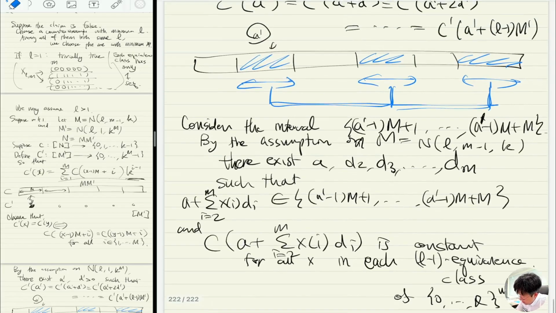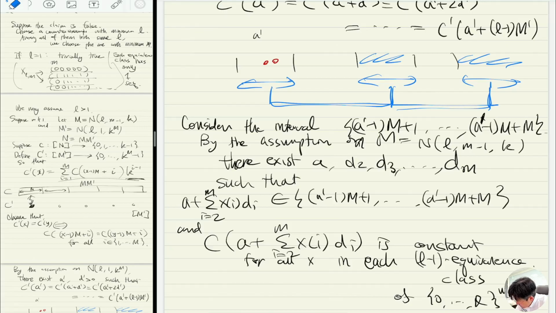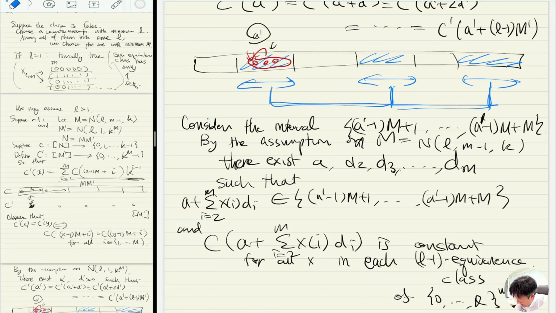So what I know is that inside one block I can find a good selection of A and d1, A and d2, up to dm.